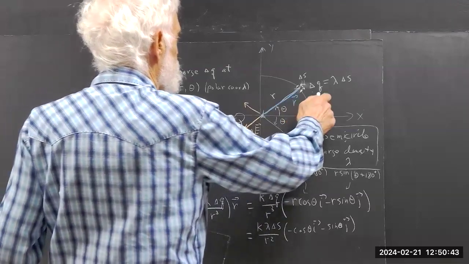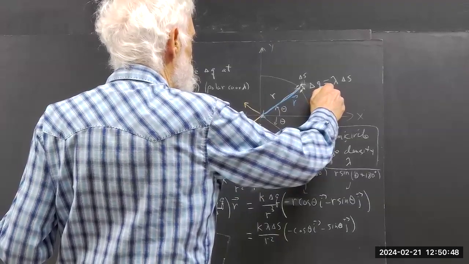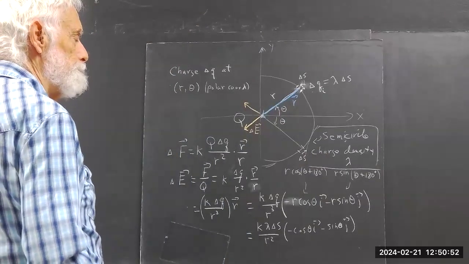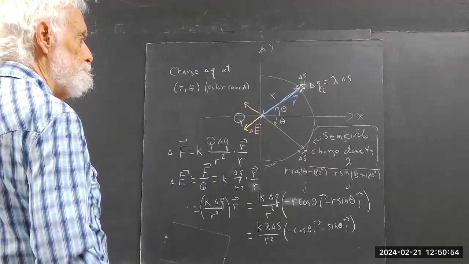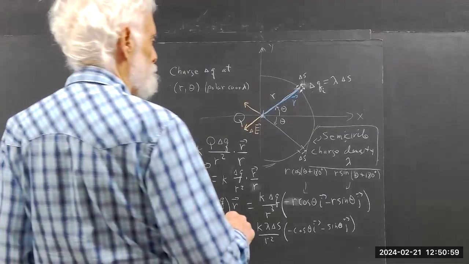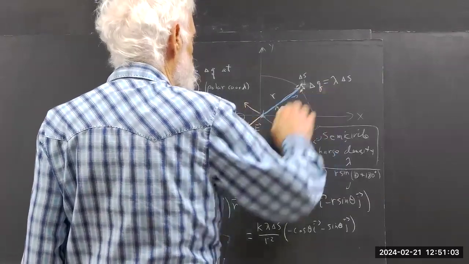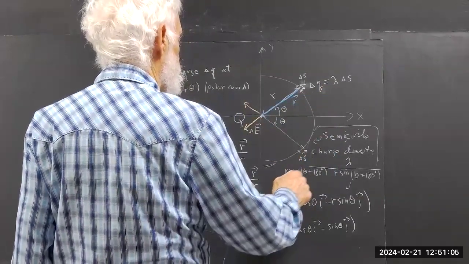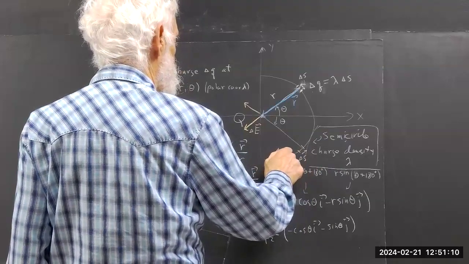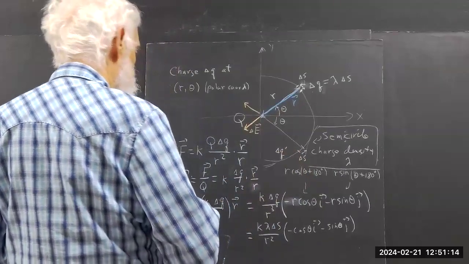So we could call this delta Q. Okay, the notation's being a little funny. Rho is delta Q. And I'm going to call this delta Q prime.